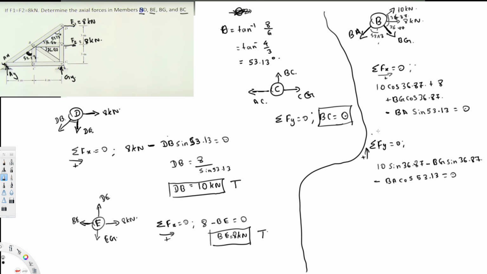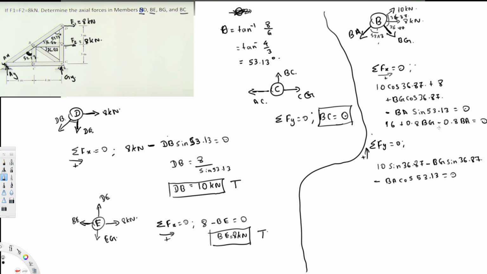Now if you plug all these values into the calculator, this will come out to be 16, because this will come out to be 8, and 8 plus 8 is going to be 16. So 16 plus 0.8 BG minus 0.8 BA is equal to 0.